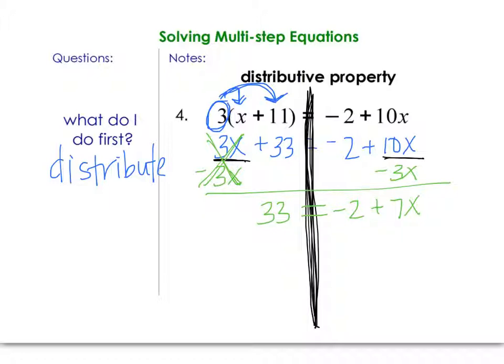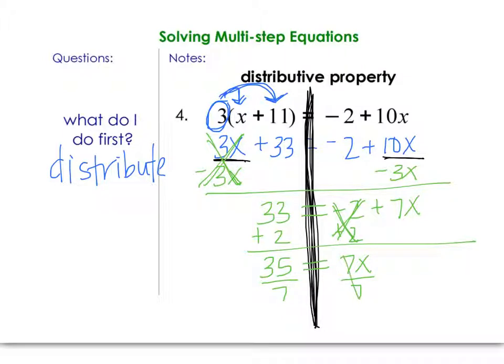I have 33 equals negative 2 plus 7x. Add 2 to both sides. 35 equals, those 2's cancel, 7x. Divide both sides by 7. 35 divided by 7 equals 5, and you get 5 equals x.